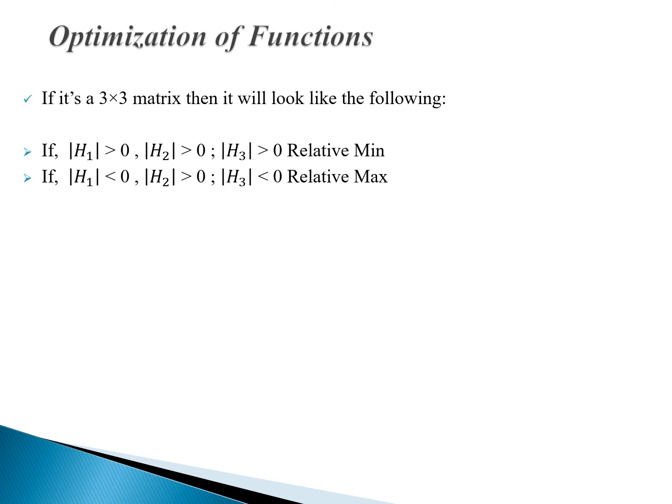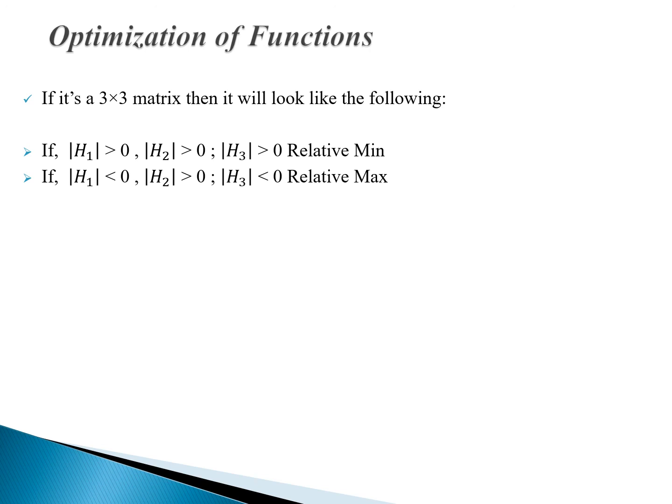Whereas if H1 is less than 0, H2 the determinant value is greater than 0, and H3 the determinant value is less than 0, then the function is at its relative maximum.